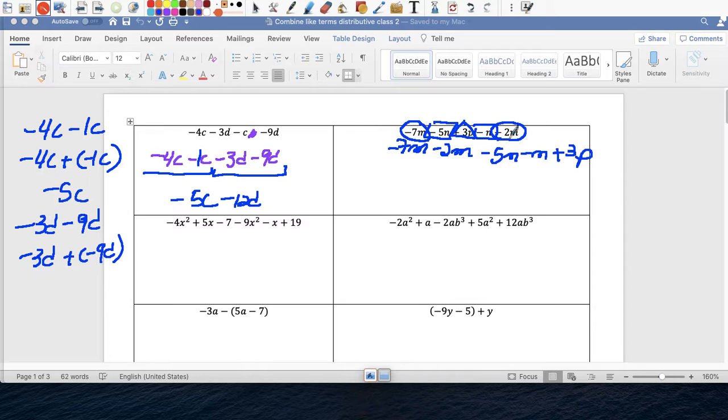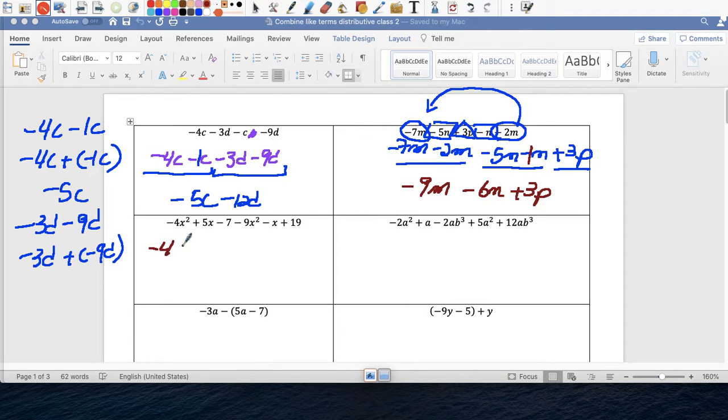I would take the negative 2m and move this all the way next to the negative 7m, and that's what I'm having here, and that's what I'm going to combine these two, and then the 3 doesn't combine with anyone because there's only one term. So this becomes negative 9m minus negative 6n plus 3p. Okay.